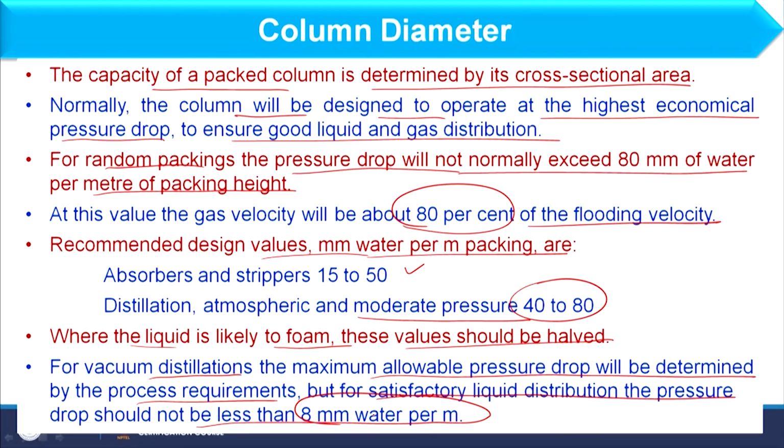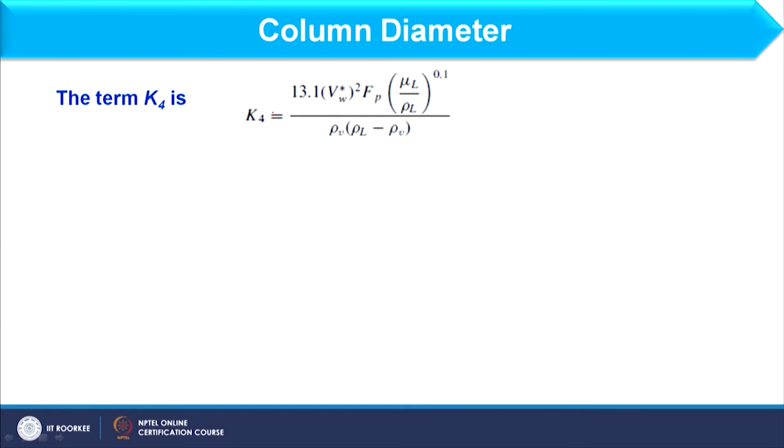So, these are some guidelines based on which you can calculate the column diameter. Now, see how to calculate the column diameter. To find that out, we will consider K4, because K4 is the parameter corresponding to the flooding condition. This K4 is the parameter we can obtain at the desired pressure drop.